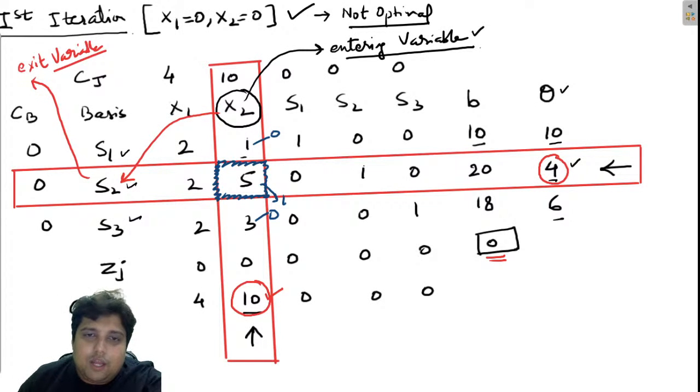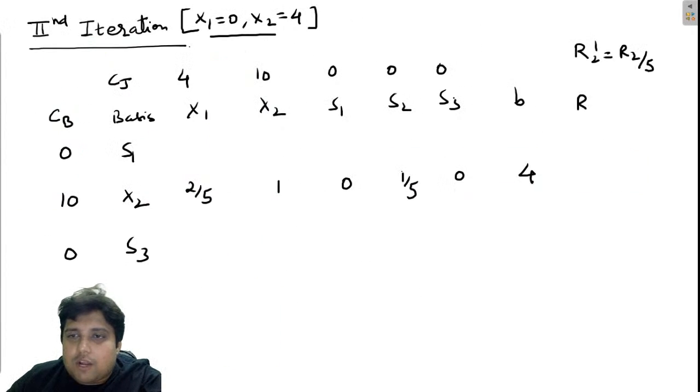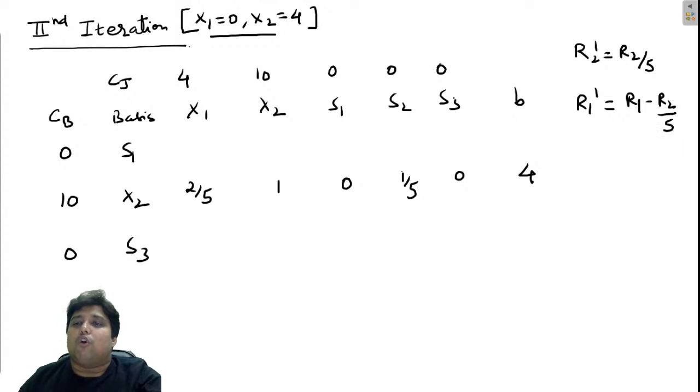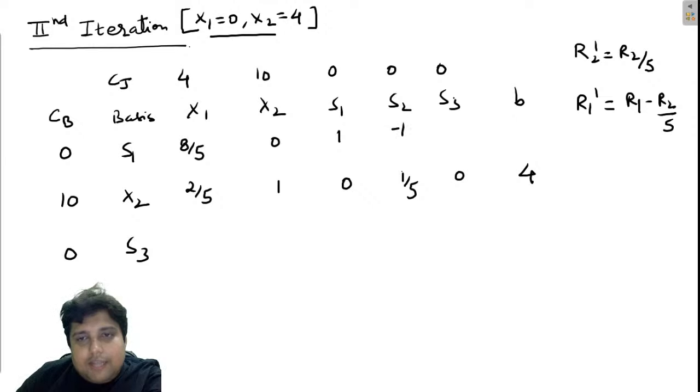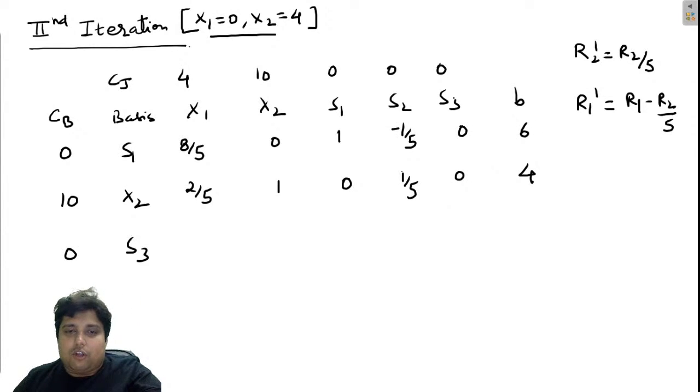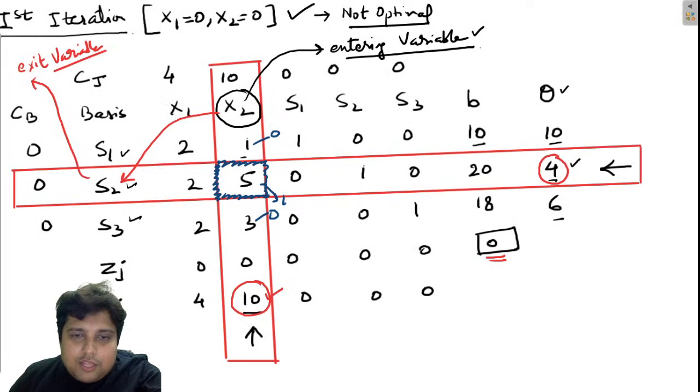Now we have to make this as 0, this as 0. So what operation will I be performing for row 1? So let me write that. For a completely new row 1, the operation that I will be performing is old row 1 minus old row 2 by 5. So I will be getting the values 8 by 5, 0, 1, minus 1 by 5, 0 and 6. Now for the third row, this is 3.